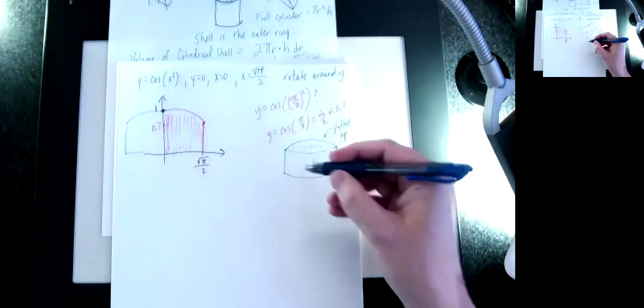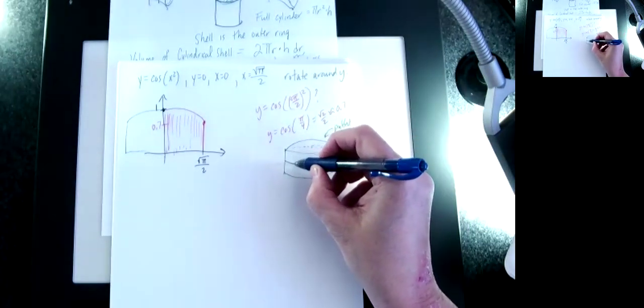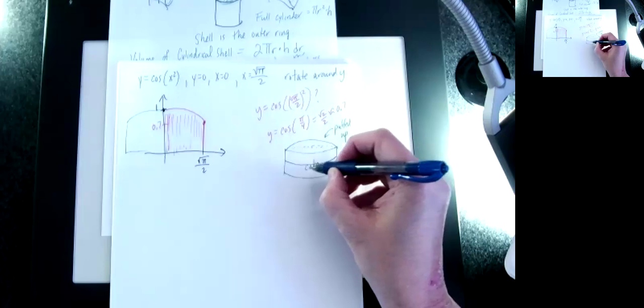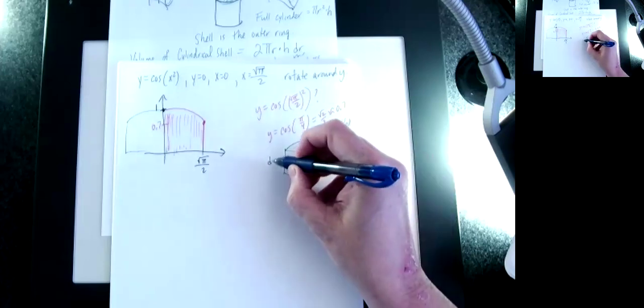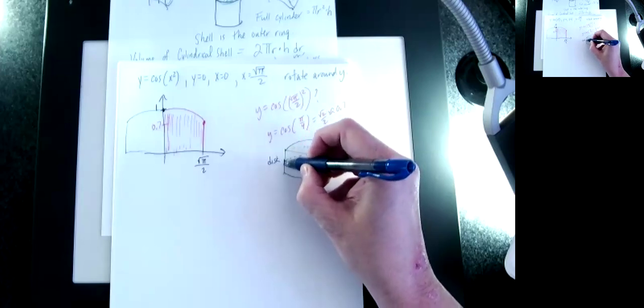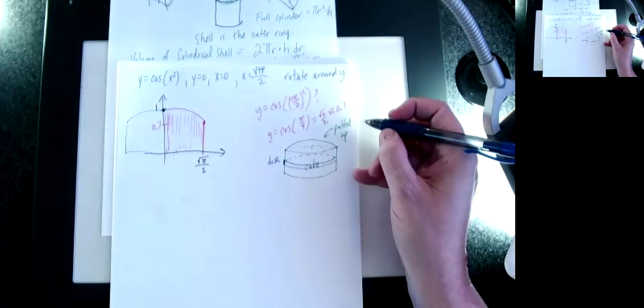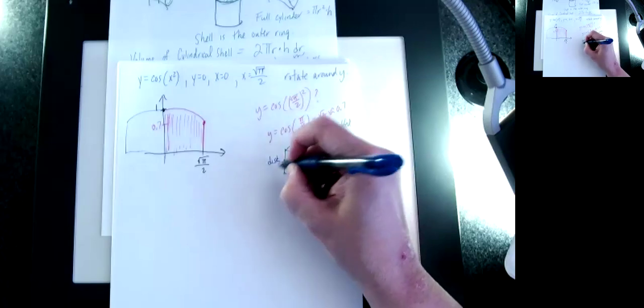All right, let's do both methods here. So if I were going to do the disk method, the disk method is doing like a tier of the cake. So disk method would give me a tier of the cake. And it looks like that thickness is a dy.